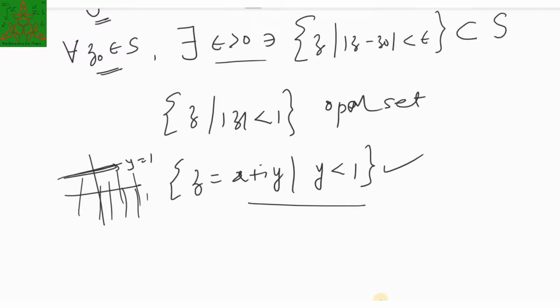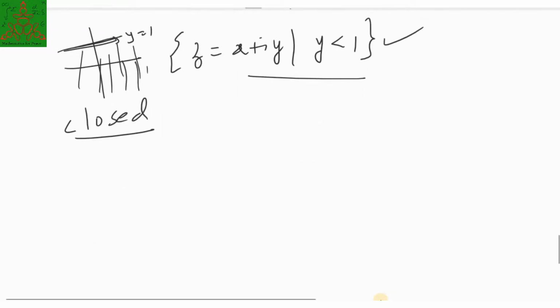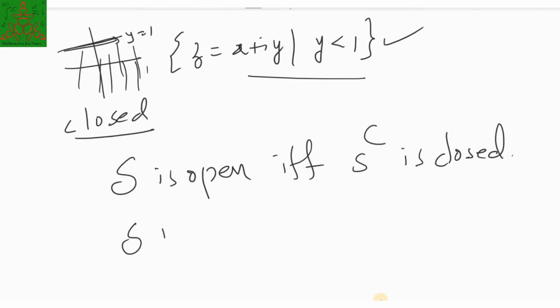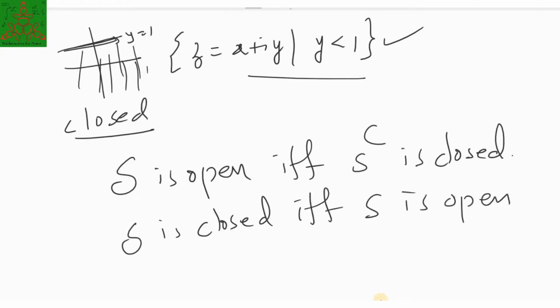Next, if there is open, the next concept has to be closed. A set is a closed set if its complement is open. So S is open if and only if S complement is closed, or vice versa. Similarly, S is closed if and only if S complement is open.